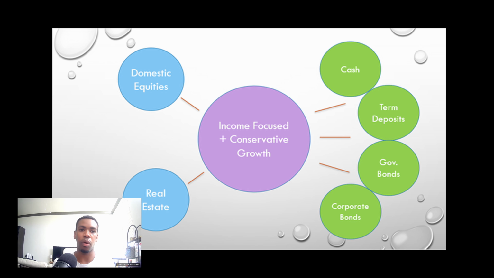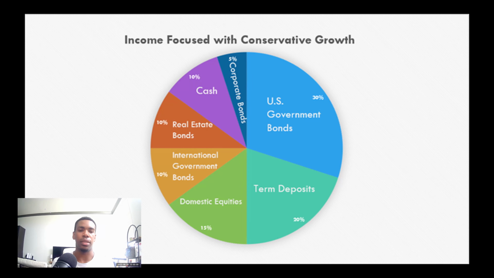From the growth category, domestic equities and real estate can also be included. This chart demonstrates the type of breakdown that can be used for each of the asset classes. We can see that 3/4 of the asset allocation contains assets from the defensive category with the inclusion of corporate bonds.